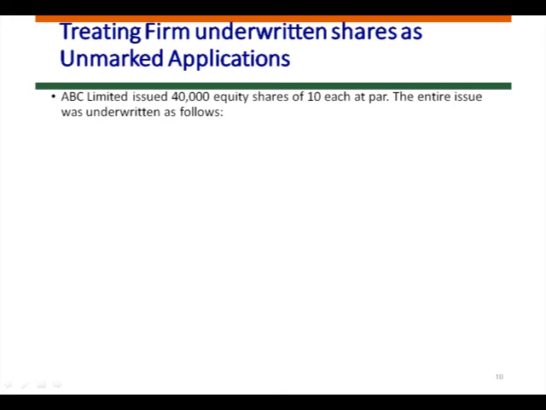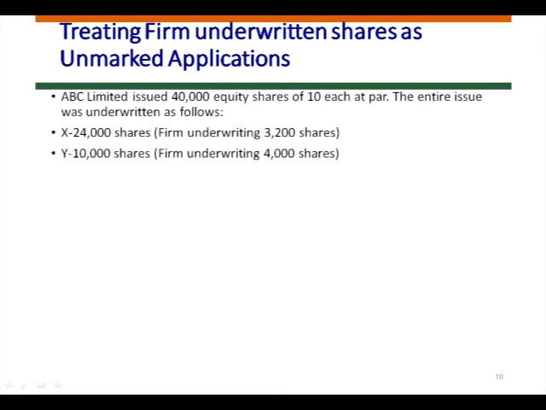Now we shall discuss the treatment of firm underwritten shares as unmarked applications. There is a firm, ABC Limited, which issued 40,000 equity shares of rupees 10 each at par. The entire issue was underwritten as follows. X is an underwriter for 24,000 shares, and his firm underwriting is 3,200 shares.